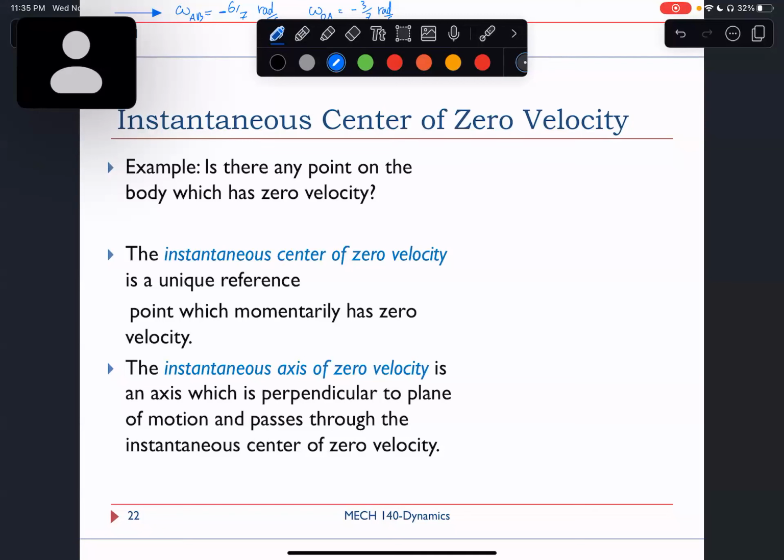Here, the idea is that the reference point can be a point which momentarily has zero velocity. So is there any point on the body which has zero velocity?